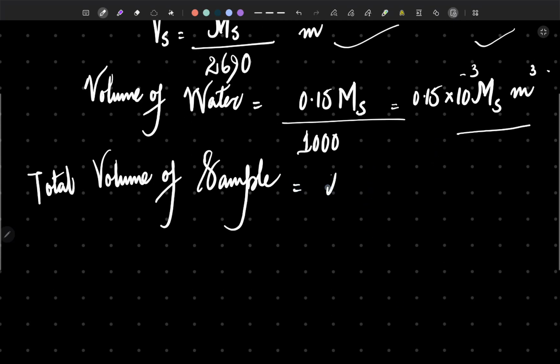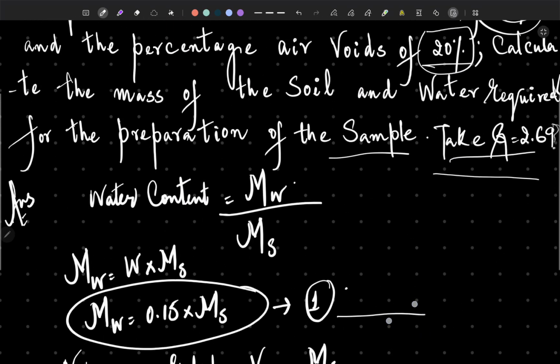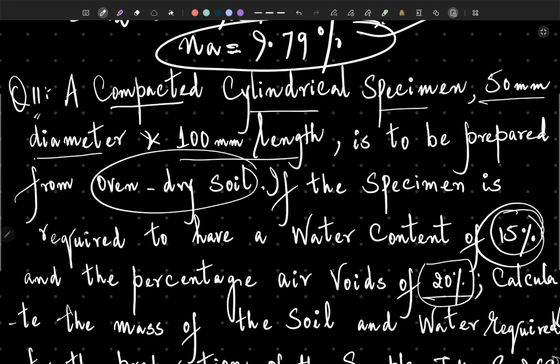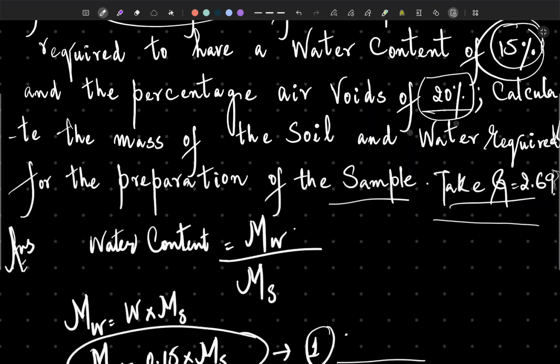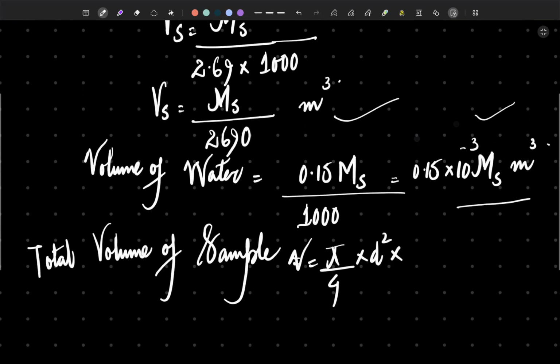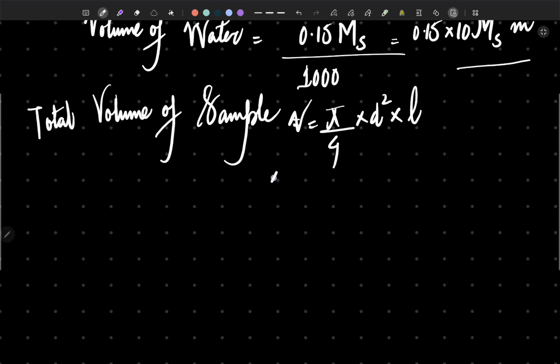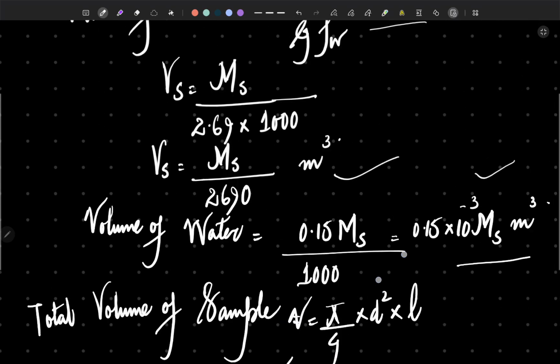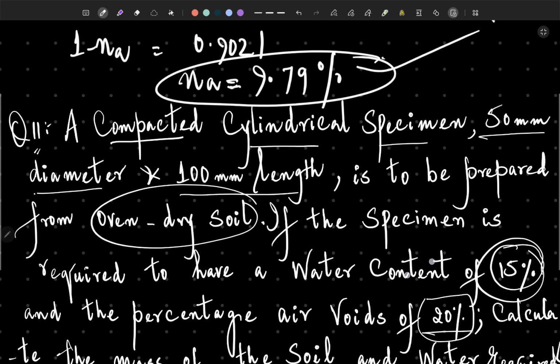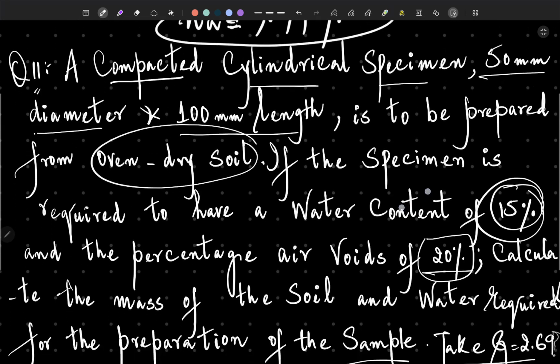Volume will be equal to pi by 4 d square multiplied by h, or L in this case. So I'll be substituting the values. Pi by 4, how much is the dia? Dia as given in the question is 50 mm in dia and 100 mm length.